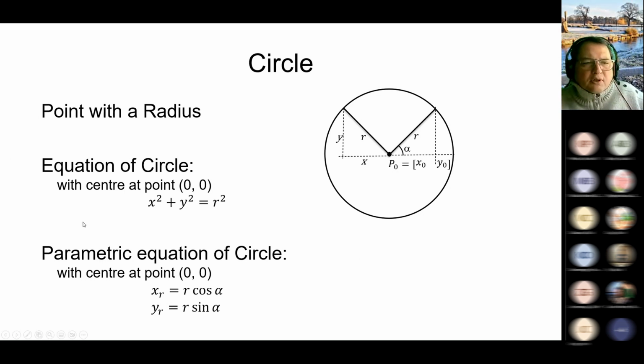The problem with this formula is with iteration, okay? R is a constant. If you create a circle which has a constant radius, it's just a number. But then the question is whether you should iterate x's and calculate y's, or you should iterate y's and calculate x's.